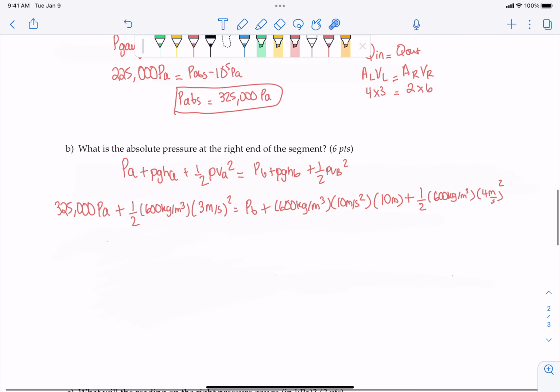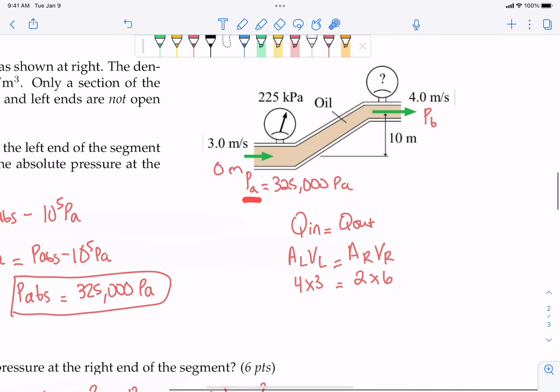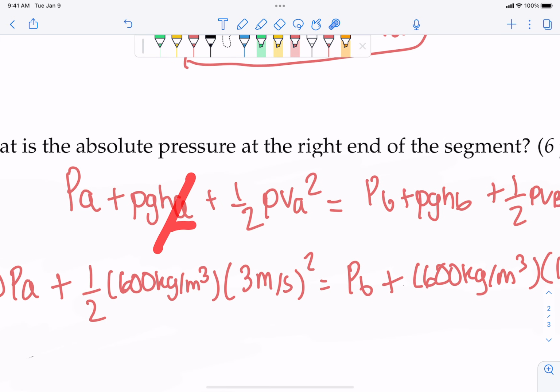Okay. So the reason is I have PA here, PB there. I set my point A right here to be 0 meters, and then this top point right here, PB, to be 10 meters. So I want this 0 meters, height 10 meters. So if I set point A at 0 meters for the height, this height A will turn out to be 0 meters.